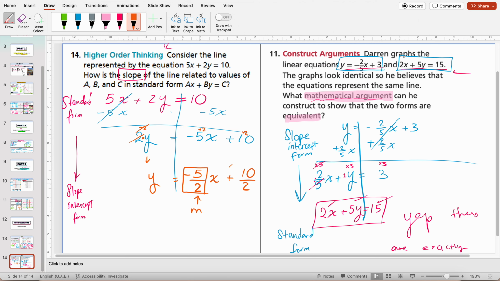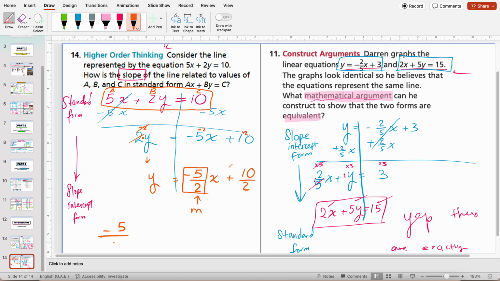Now the question, let's go back again to the question. I know that the slope is negative 5 over 2, but what is it in terms of a, b, c? Now remember when we said that this is standard form, therefore a is 5, b is 2, c is 10. So what is negative 5 over 2 as ABC?